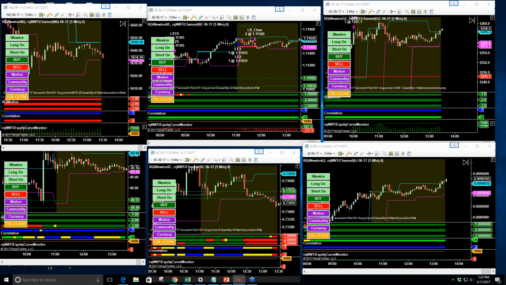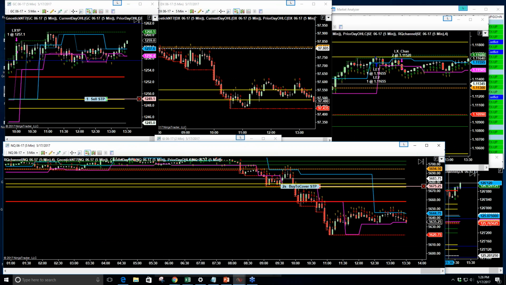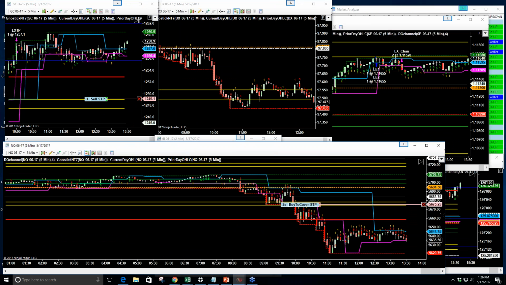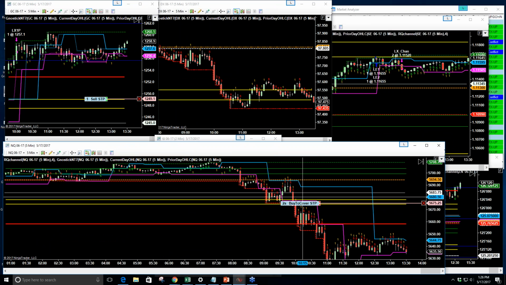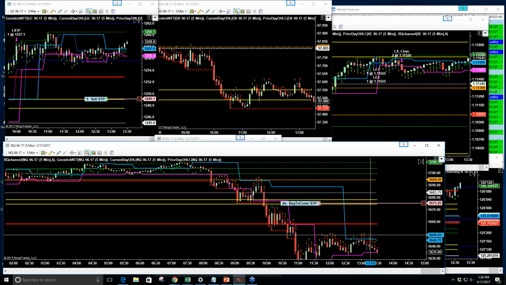All right, here's the lazy river. This blue line is the lazy river. So you're short, so you would be moving your stop with just a couple ticks above the blue line. And that keeps you in the trade as it trends.